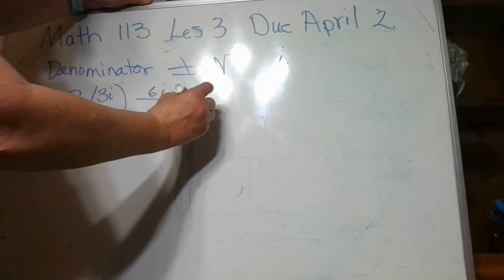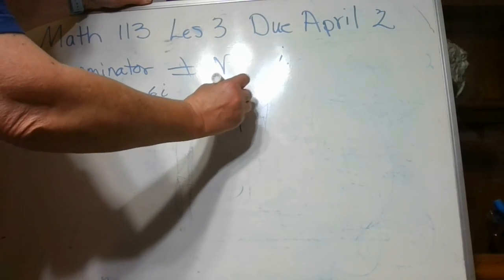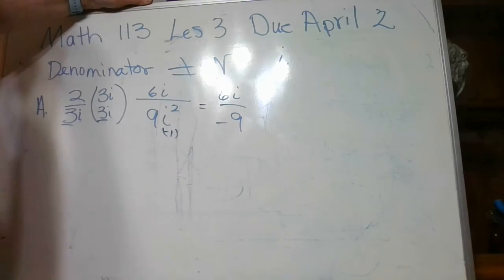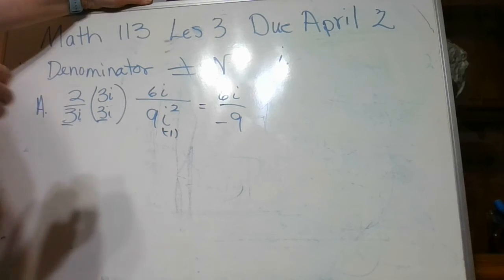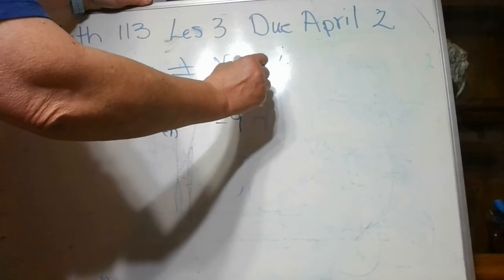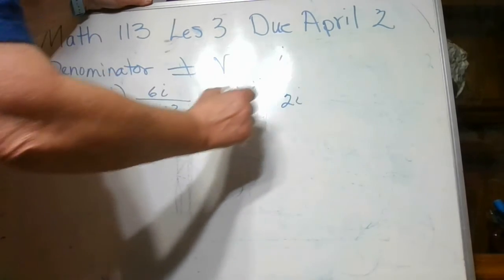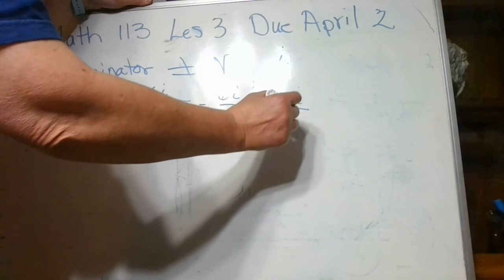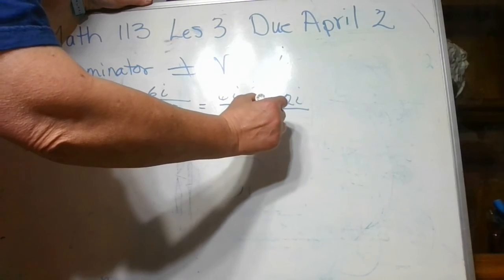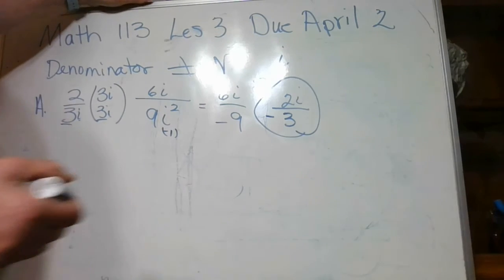Negative 1 times 9 is equal to negative 9. And on the top, we have 6i, which is fine to have an i on the top, just not on the bottom. So both of these will divide by 3. 6 divided by 3 is 2i. Negative 9 divided by 3 is negative 3. So your answer is negative 2/3 i.